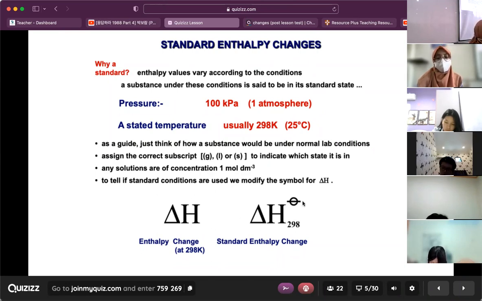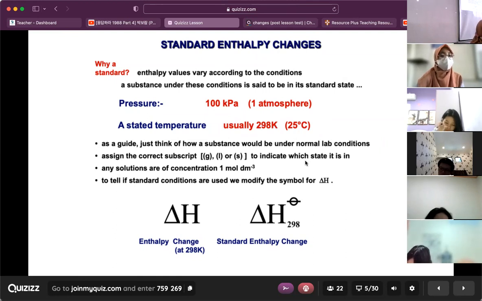That already means the enthalpy change is measured at standard condition. Standard conditions means the pressure must be 1 atmosphere or 101 kilopascals, and the temperature must be 25 degrees Celsius or 298 Kelvin.